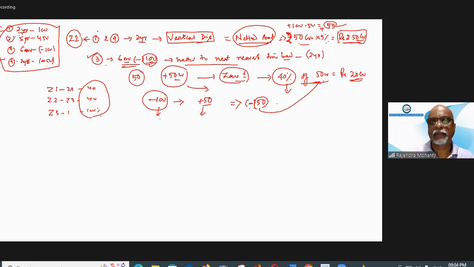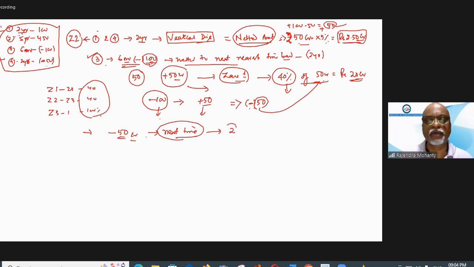Okay, sir. Now the next step is, after netting the above, what does the net position remain at? Net position is minus 50 only, on which you have calculated. So this 50 crore has to be netted against the next available time band. What is the next time band available?